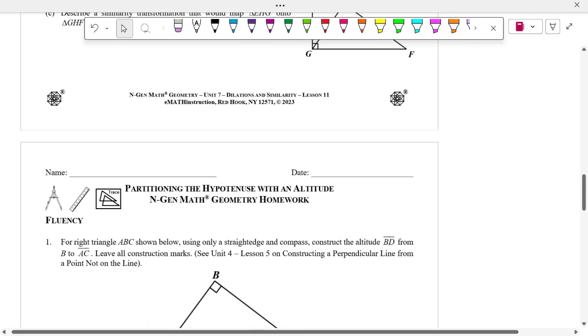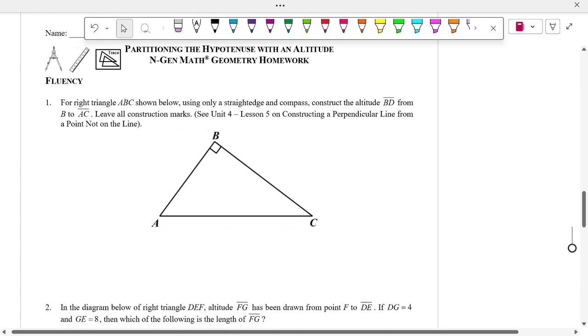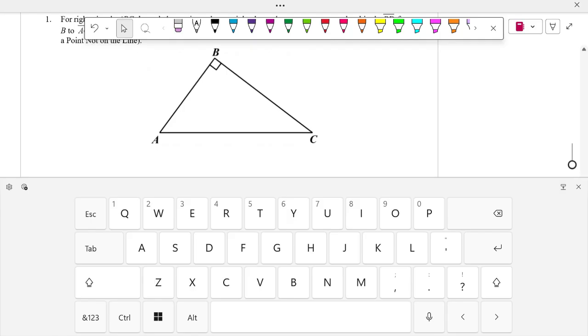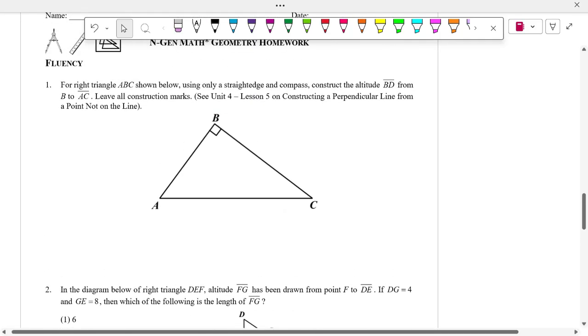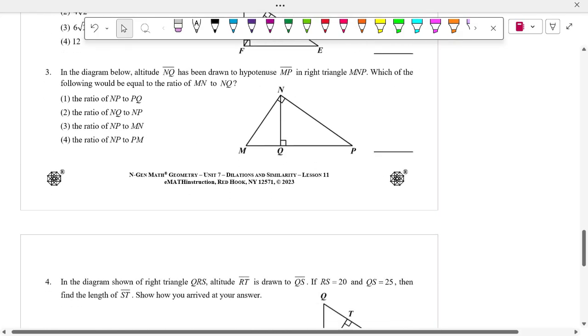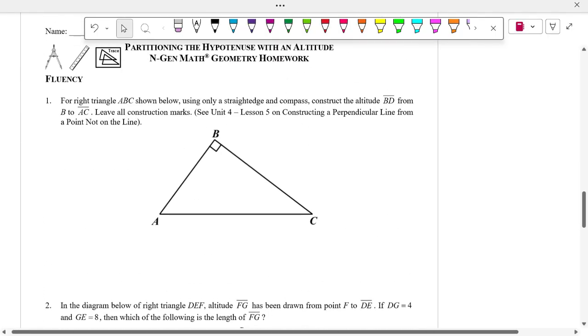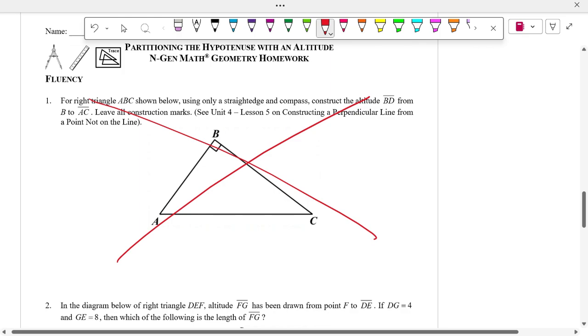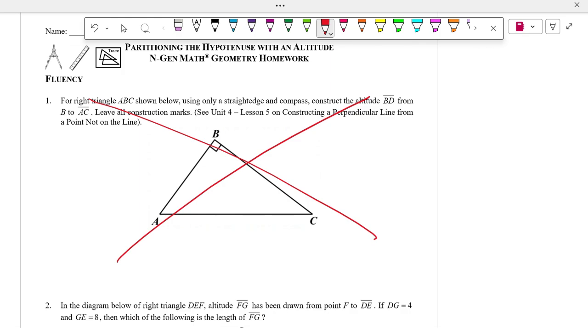Okay, so your homework for tonight is pages. What page did we just end on? Okay. So we're doing 14 and not 14. We're doing 15 and 16, and you're going to exclude number 1. So don't do number 1. So that's your homework for tonight.